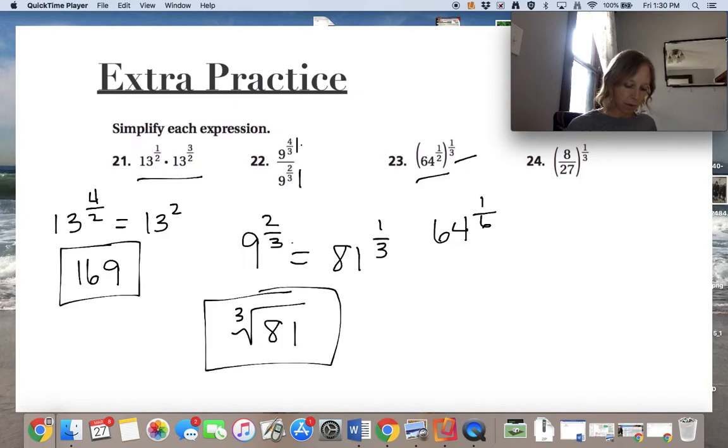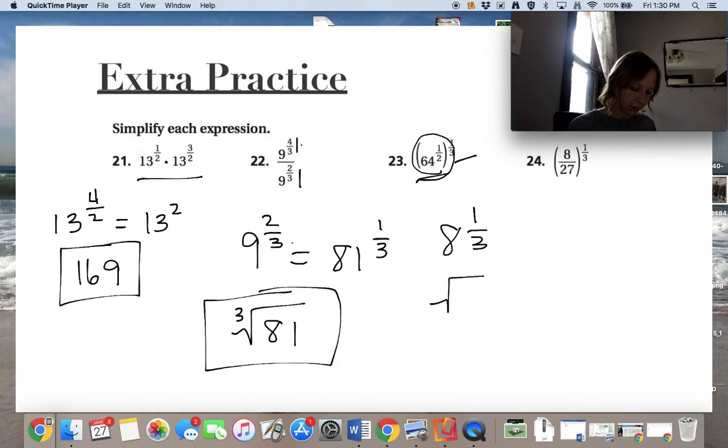So I think before I multiply, I'm actually instead going to just evaluate 64 to the 1/2 power, which is 8, and then take 8 to the 1/3 power, which is just the cube root of 8, and know that that's 2.